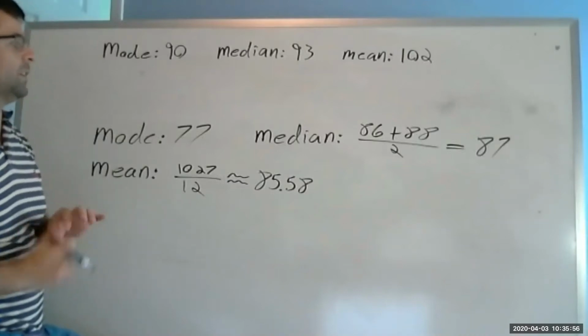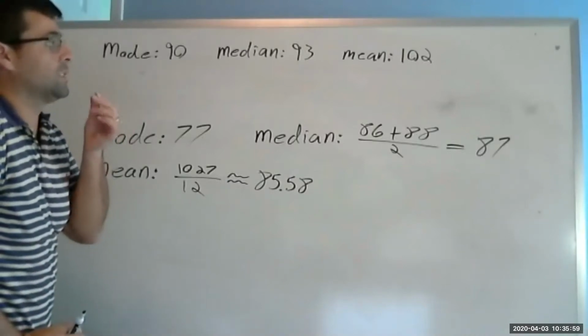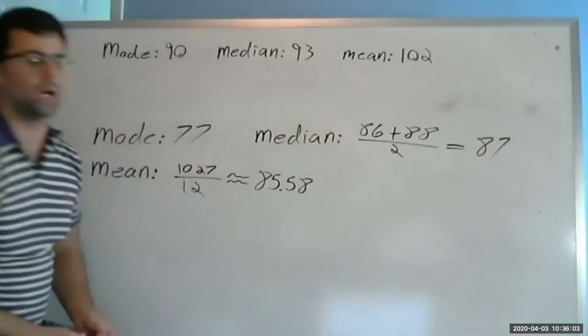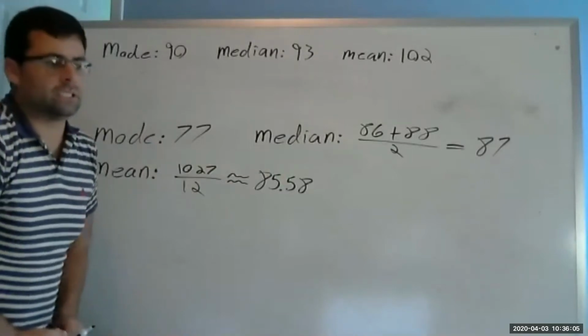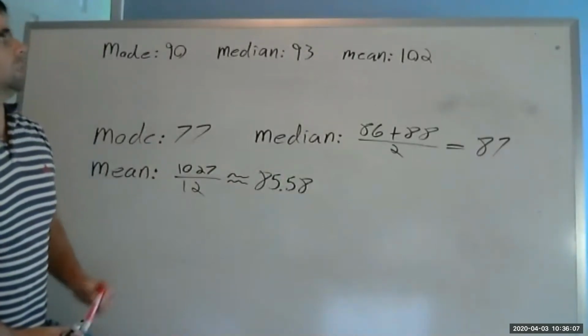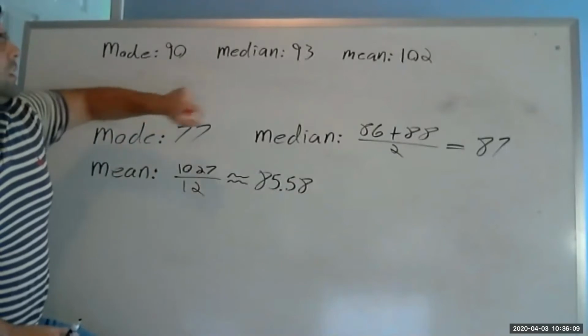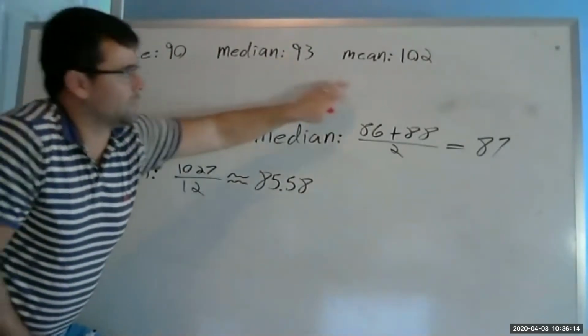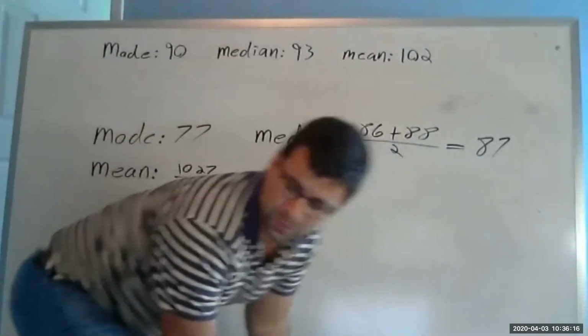We're trying to get an idea of what accurately describes the data set. In the first one, the median was 93 and the mean was 102.